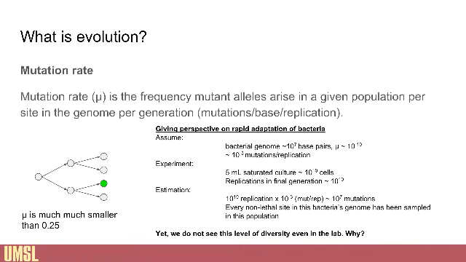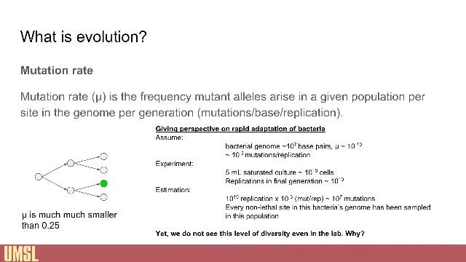And what's interesting is that we actually don't really ever see this level of diversity in the lab. And an interesting question then, why? So this is the intrinsic mutation rate.